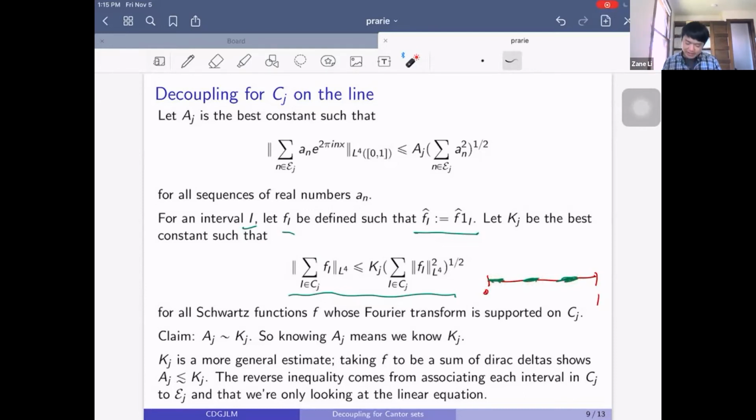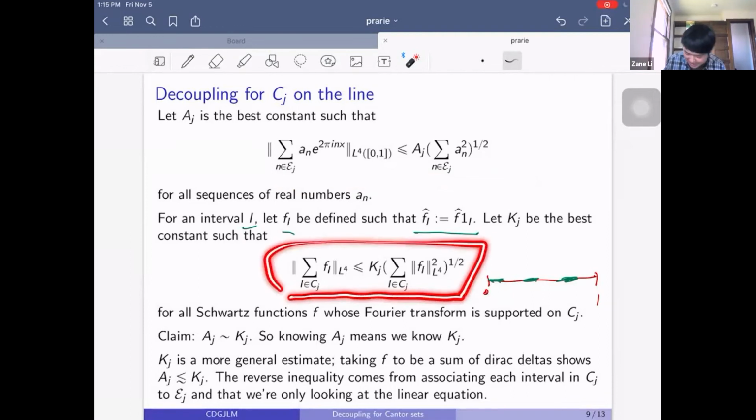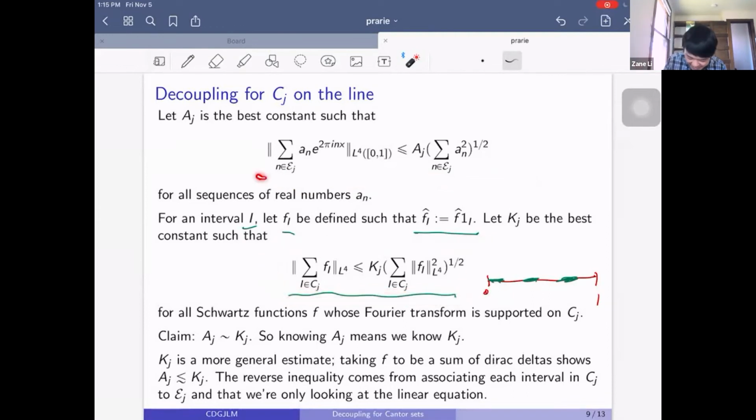Somewhat surprisingly, usually how this theory works is that this estimate is more general. This is a number theory estimate. If I pick a function that's just a sum of Dirac deltas, then I get this estimate, because this is a weaker estimate than this. So usually this implication is obvious.